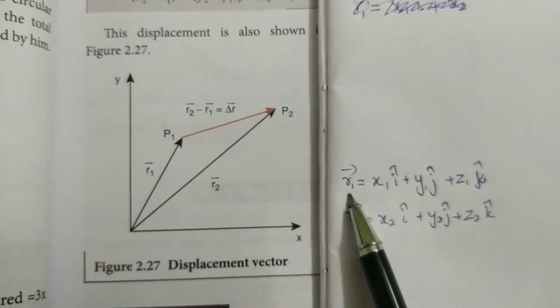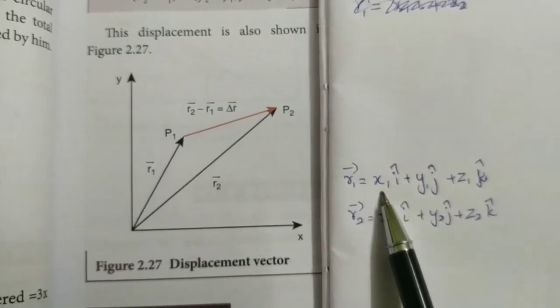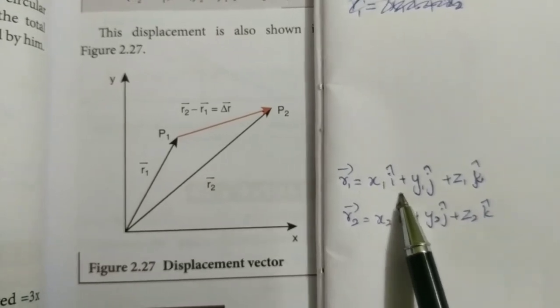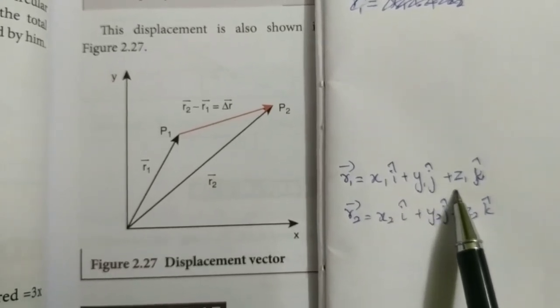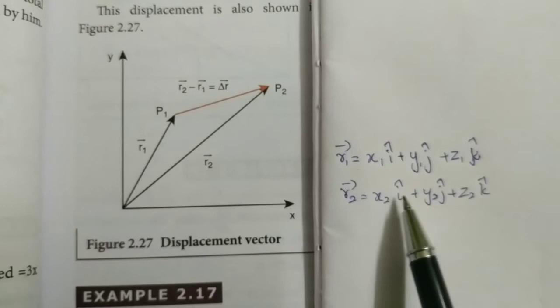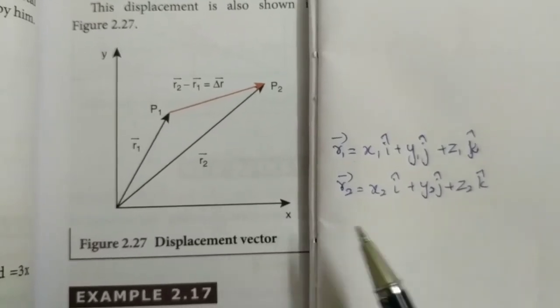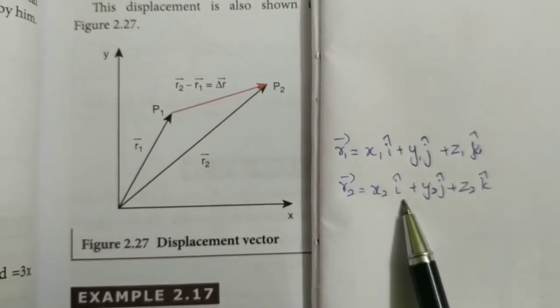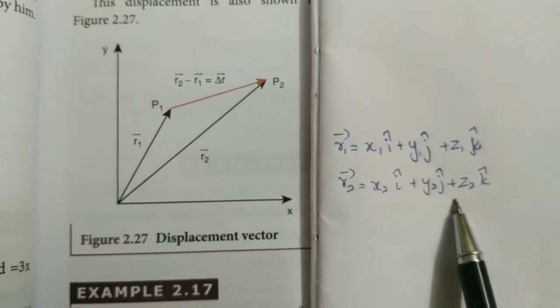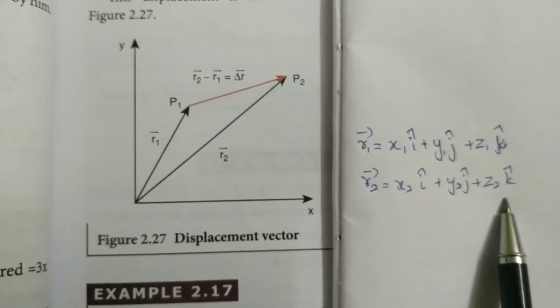So R1 vector is equal to x1 i cap plus y1 j cap plus z1 k cap, and this R2 vector is written as x2 i cap plus y2 j cap plus z2 k cap.